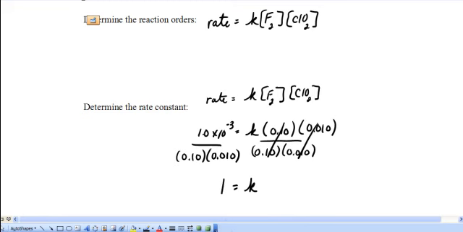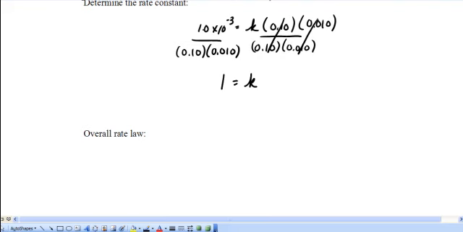And so now if we write the rate law, the rate is simply going to be the fluorine times the ClO2. All right?